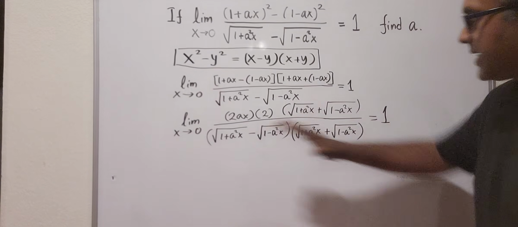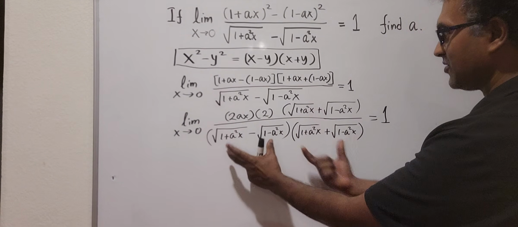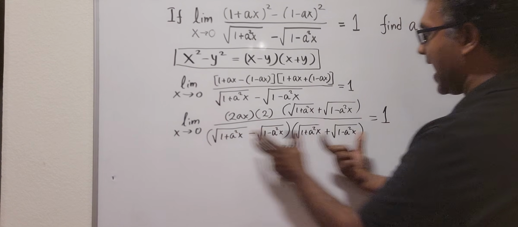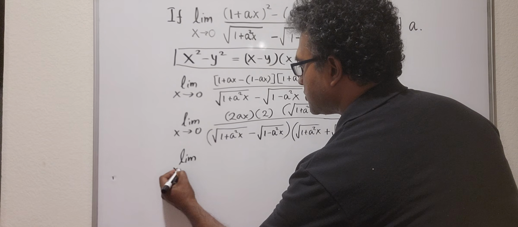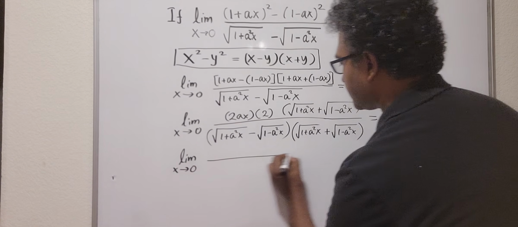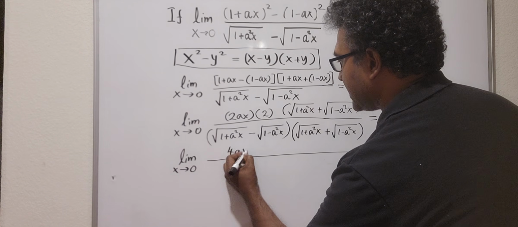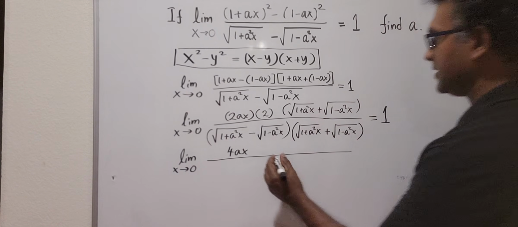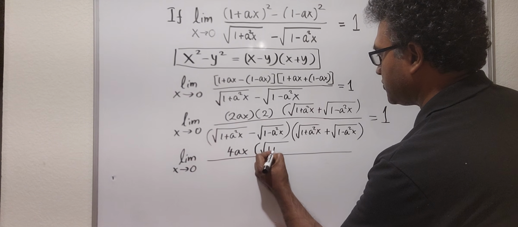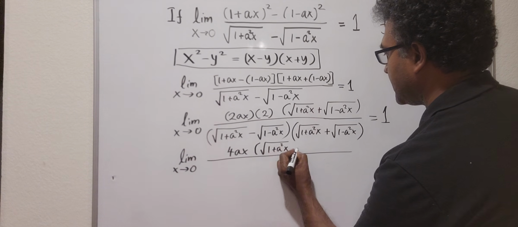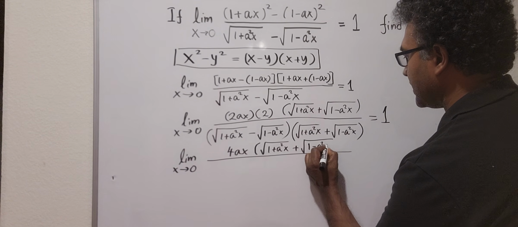Okay, so in the next line, you can see we can simplify this, because it's like the term and its conjugate. So again, the limit as x goes to 0. Here I have 4ax, and then I still have this term for the numerator, the conjugate: square root 1 plus a squared x plus square root 1 minus a squared x.